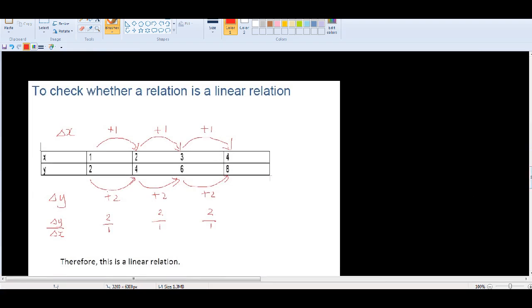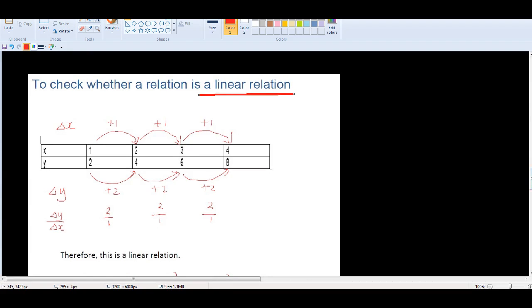Now, for this one, I'm not going to check whether this is a direct proportion. Of course it is, but we are going to check whether this is just a linear relation. To see whether this is a linear relation, you use plus, you try to look for the change in x, and then the change in y.